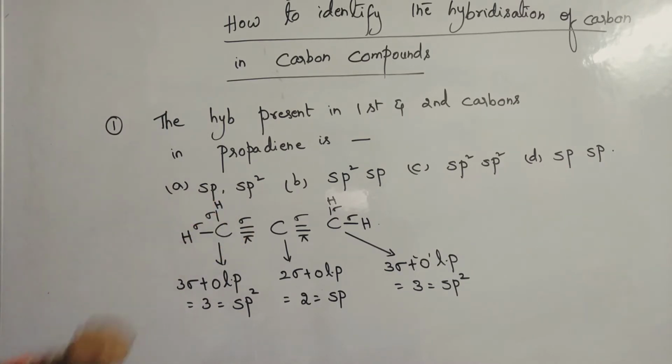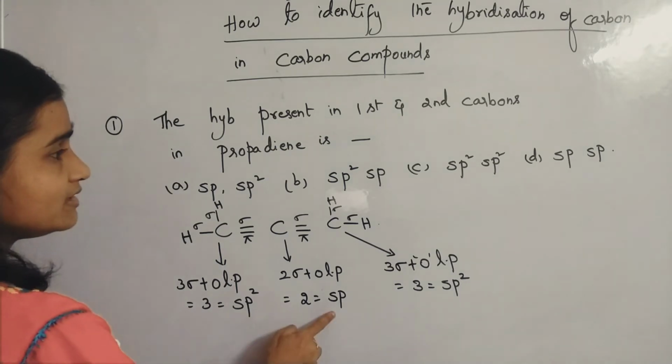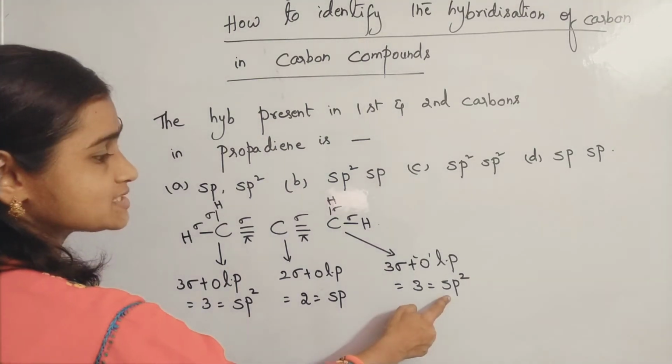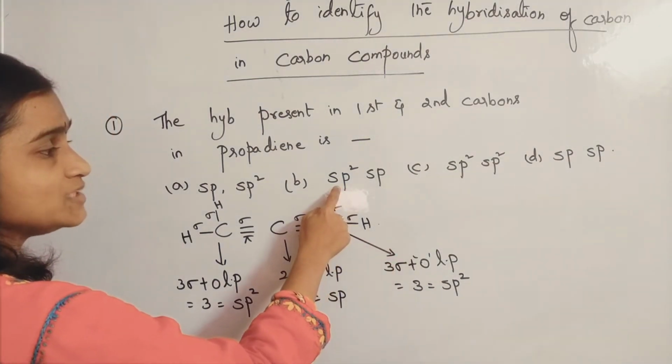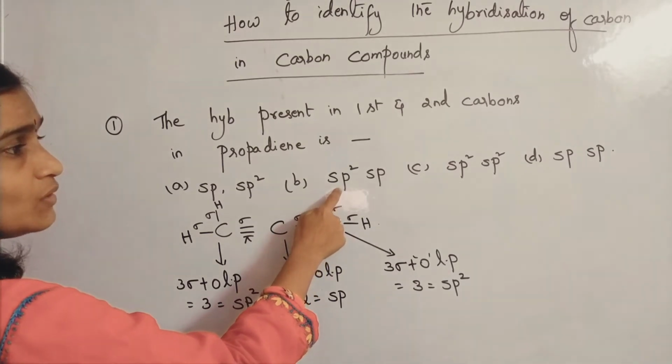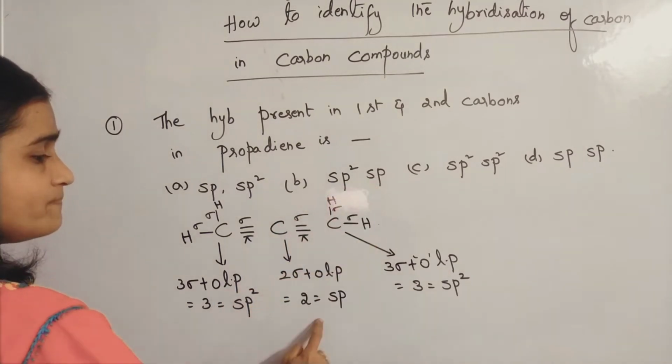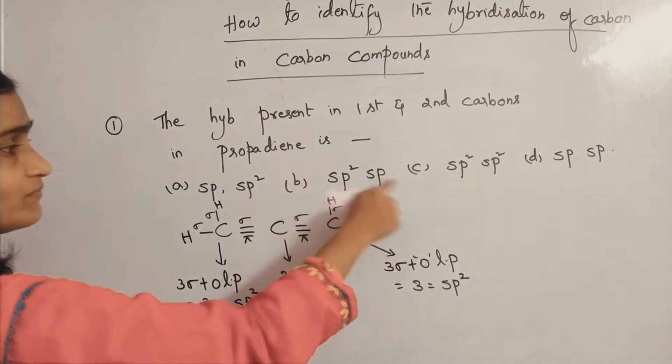Here in option B, sp2, sp is given. So first, check what is coming. First sp2 is coming, then sp, again sp2. So first sp2 is given in this option: sp2, sp and again sp2. Please check the order.